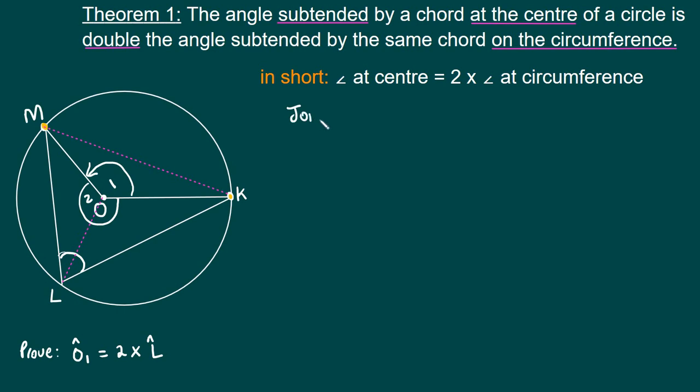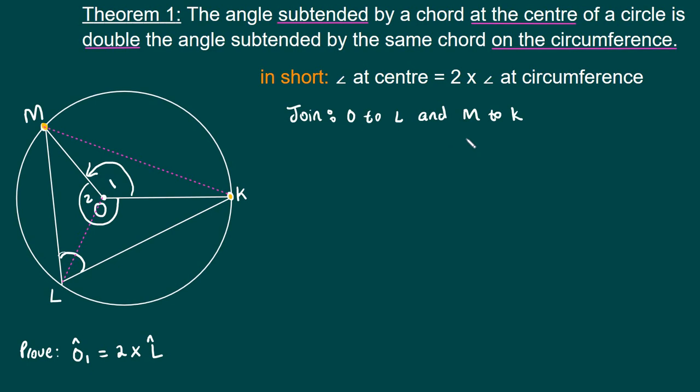Then you're going to say join O and L, then join M and K. Let's write it like this: join O to L or L to O, and join M to K or K to M. That is what you're firstly going to write.